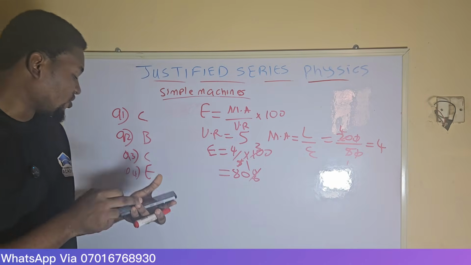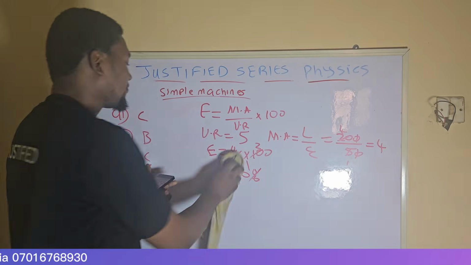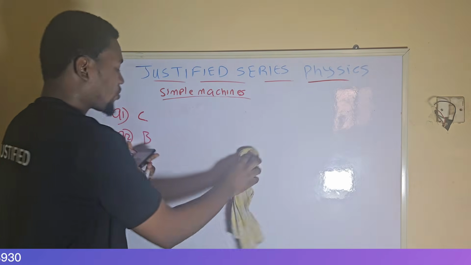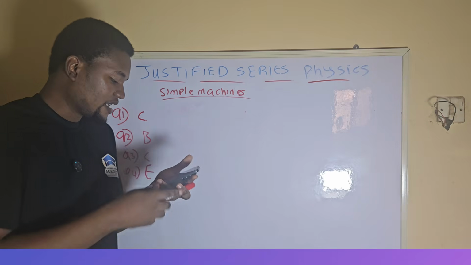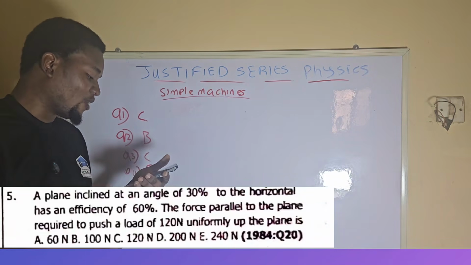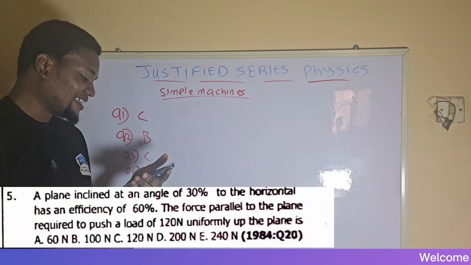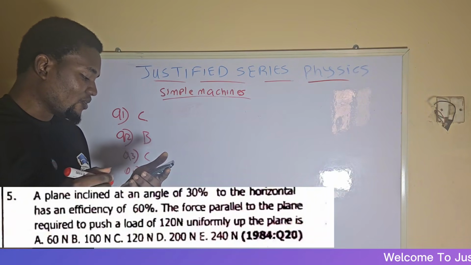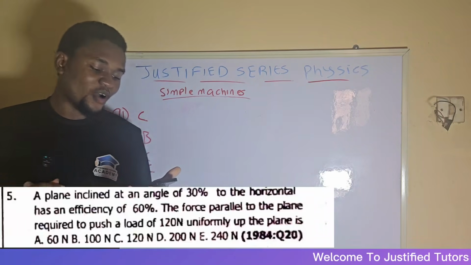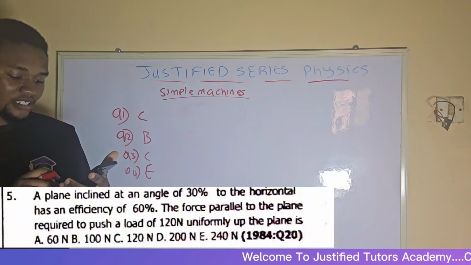So now question 5, which is the next one. Question 5 says a plane inclined at an angle of 30 degrees to the horizontal has an efficiency of 60%. The force parallel to the plane required to push a load of 120 Newton uniformly up the plane is dash.